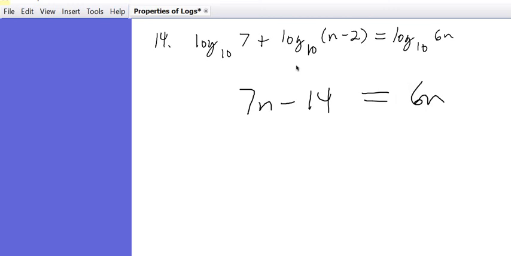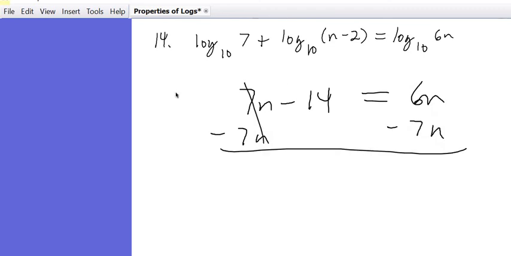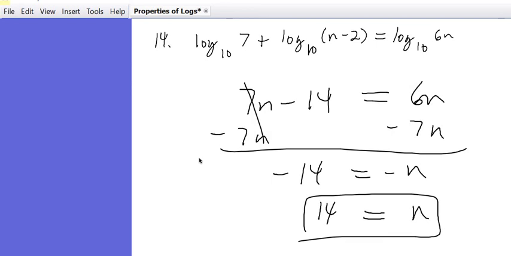Just like we do when we solve exponential equations with a common base, sometimes we just cancel them out. I just skipped a step. My teacher in college would have said, don't skip the steps. All right. So 7n subtracted from both sides gives you negative 14 equals negative n. But I don't want negative n. I want positive n equals 14. Okay? n equals 14. All right.